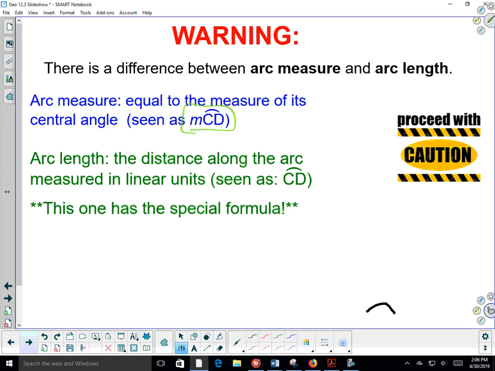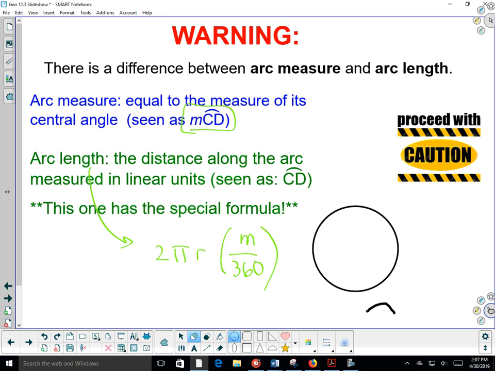And we would write that just as arc CD, and this is the one that has the special formula that we just talked about. Arc length formula is 2 pi r times the fraction of the circle that you're going around.